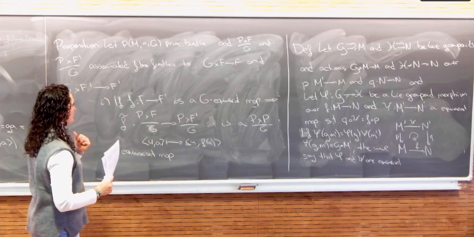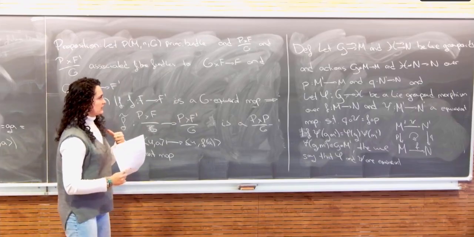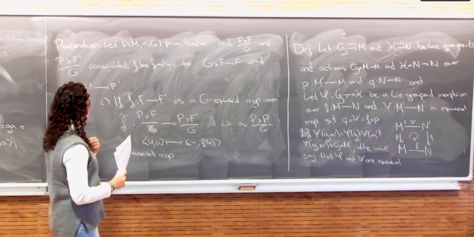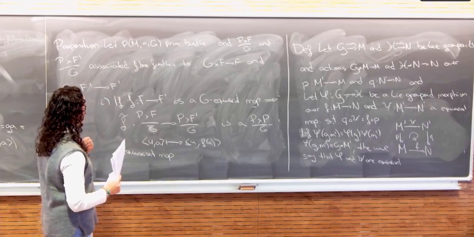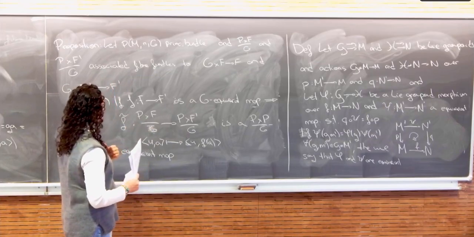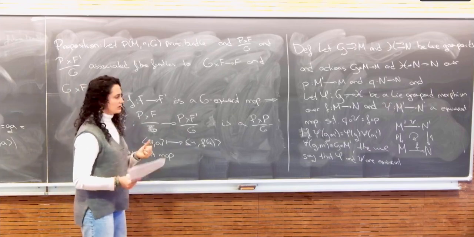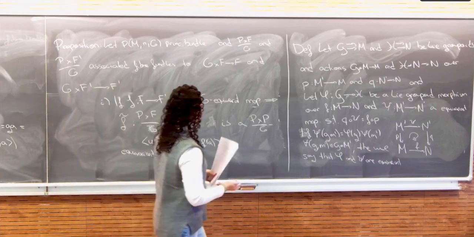So as in the first definition about equivariant maps, in this case we are changing the manifold on which the Lie groupoid acts, so the groupoid action remains the same.